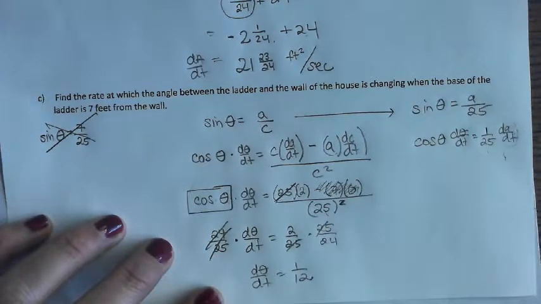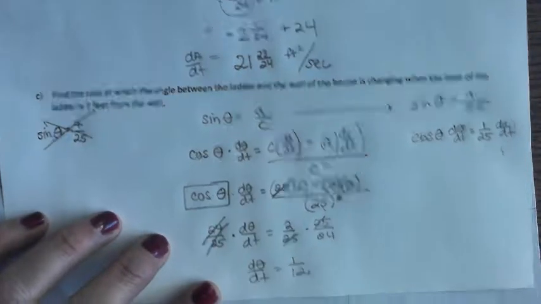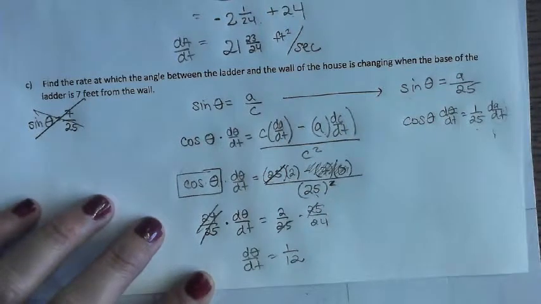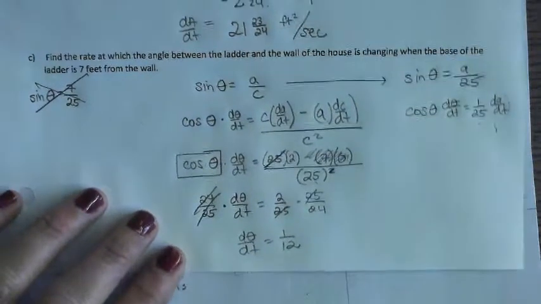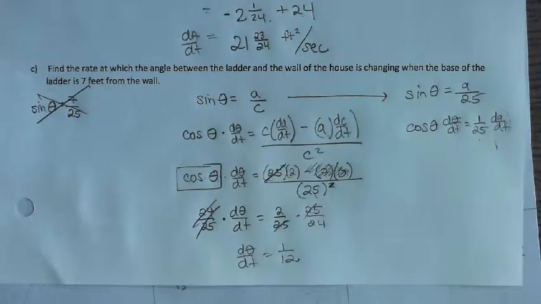And I don't really know if this is in degrees or radians, because it doesn't say. I'd have to look back and see where I got this from. I think it should have to indicate somehow. 1/12 of a degree per second, or 1/12 of a radian?